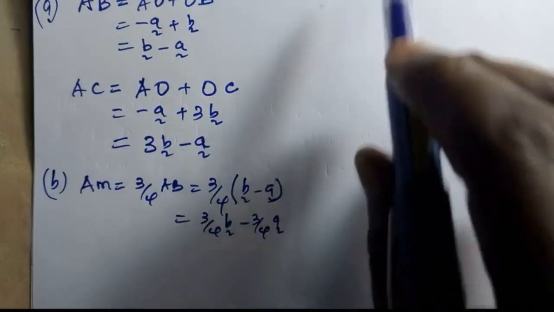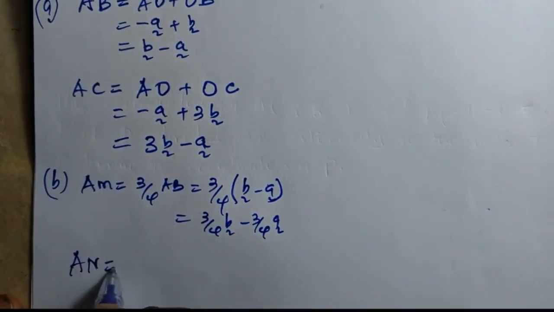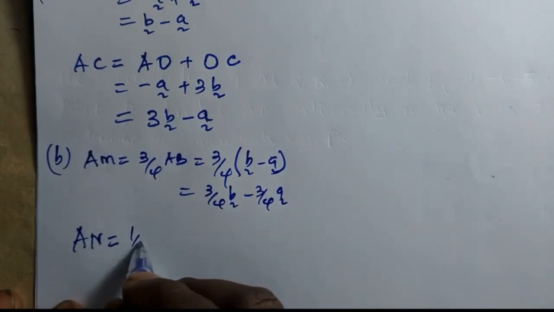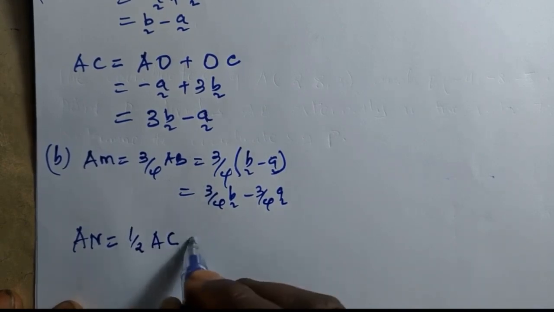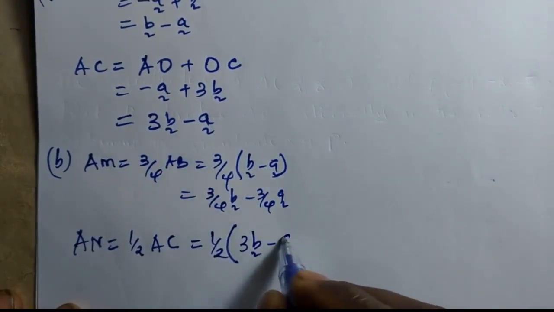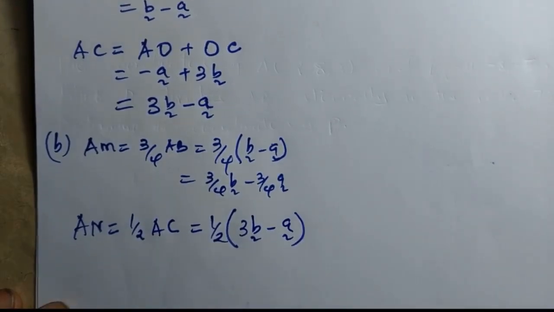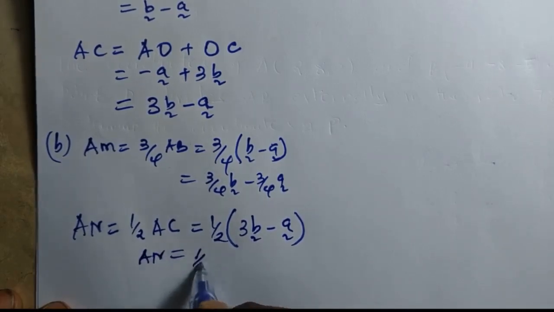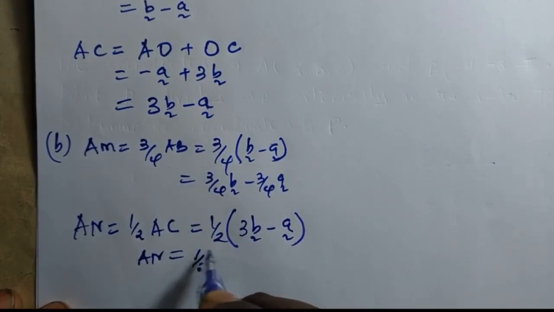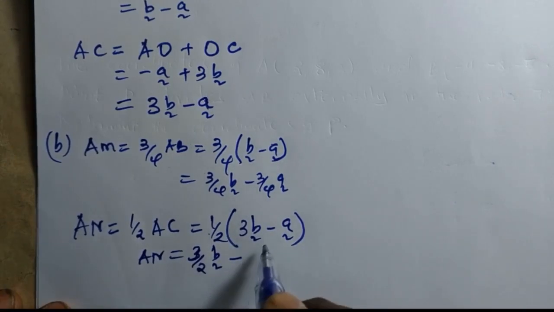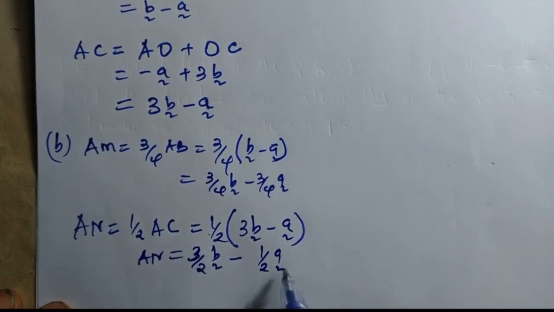And AN is equal to a half AC. We have AC, which is 3B minus A, meaning that AN is equal to a half times 3B minus A, which is 3 over 2 B minus 1 over 2 A. That is our AN.